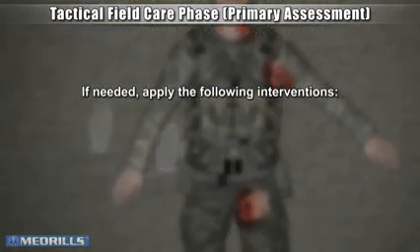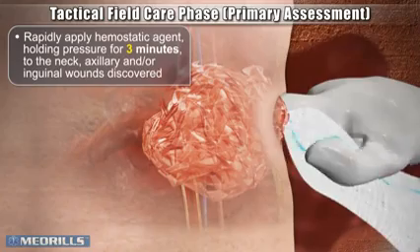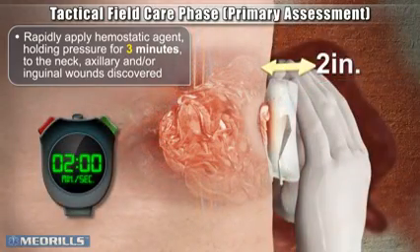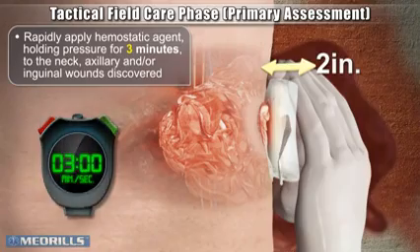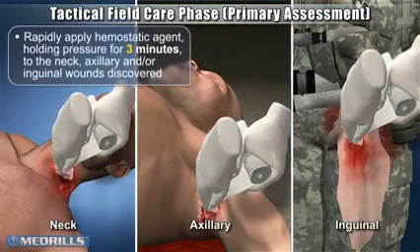If needed, apply the following interventions. Rapidly apply hemostatic agent, holding pressure for 3 minutes, to the neck, axillary, and/or inguinal wounds discovered.